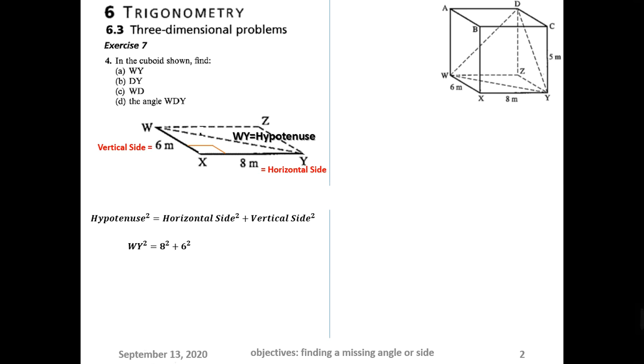Let's substitute here. So the hypotenuse WY squared is equal to, the horizontal is 8, so 8 squared plus the vertical is 6, so 6 squared.